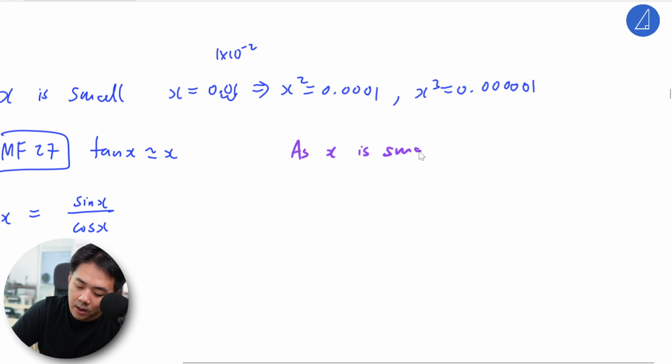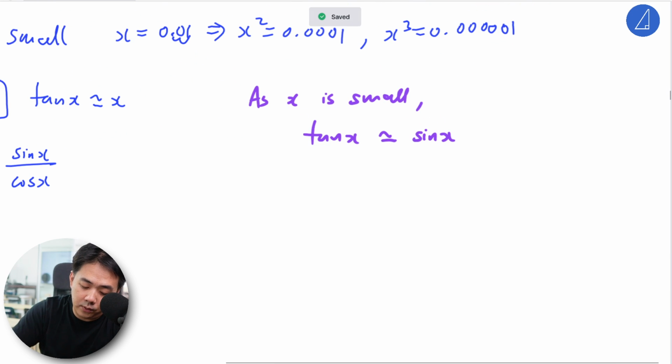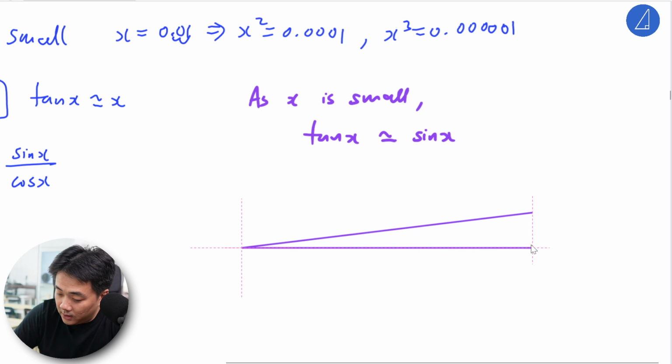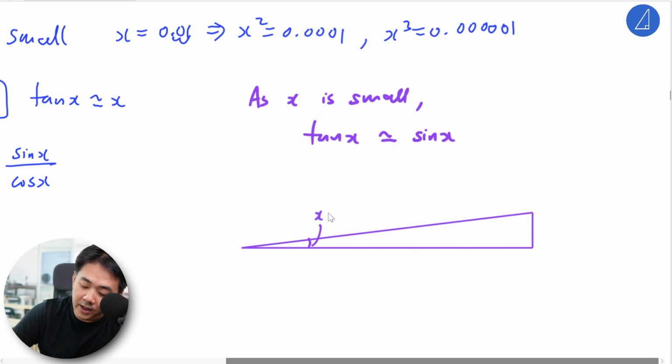There's one famous expression: tangent x is roughly equal to sine x. The rationale is very simple. Think of a very small angle here. If x is small, it's very narrow, right? One thing you need to understand is that these two are roughly equal to each other.